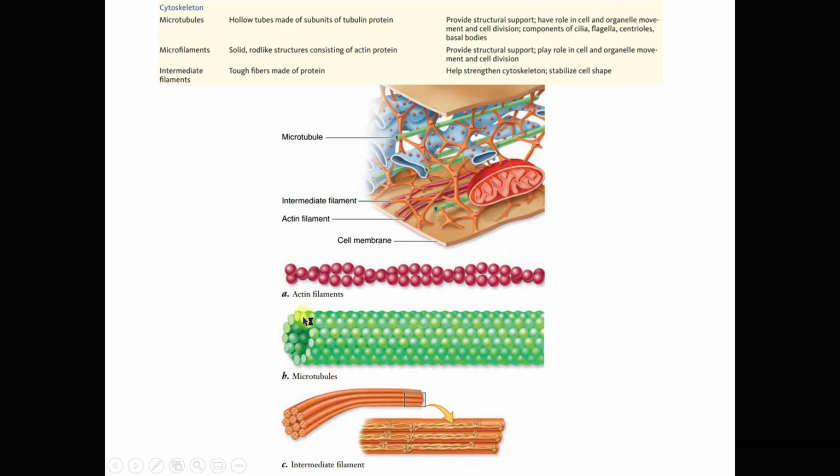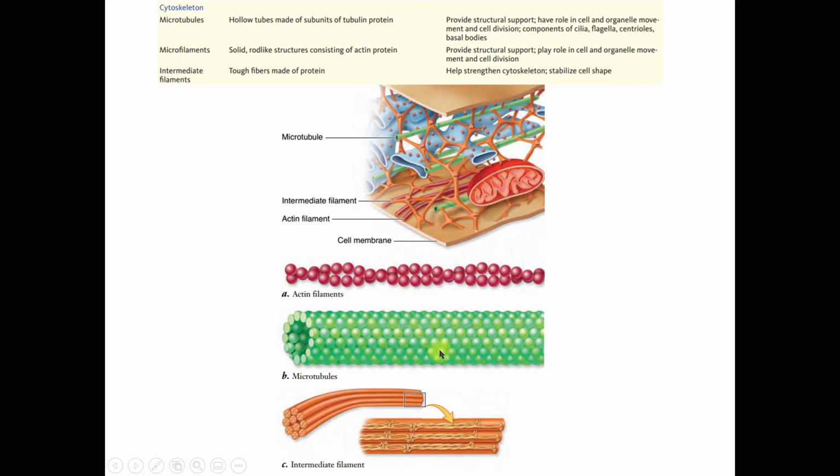Now, the microtubules, as you can see from here, are hollow tubes made from subunits of tubulin protein. This is the alpha tubulin, this is the beta tubulin. The function of this microtubule is to provide structural support to the cell.